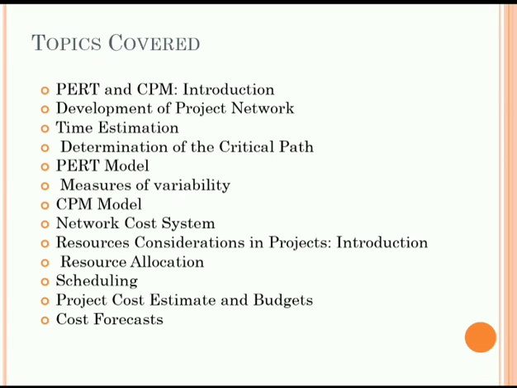Then the output will be the human resource management plan. At the output we will get a proper human resource management plan, meaning how we are going to arrange the different humans, who will be called resources for the purpose of performing different activities. The next process is acquiring the project team.